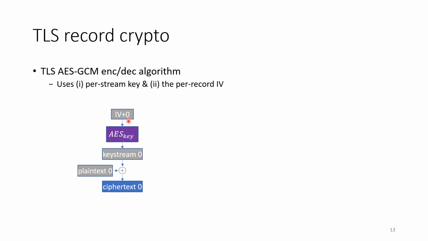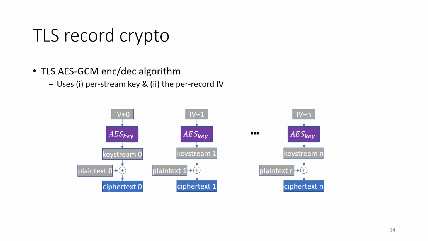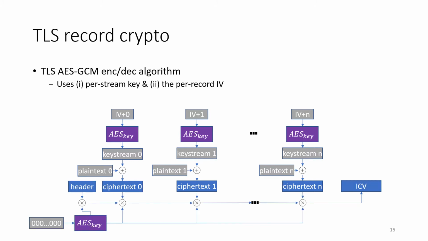Then, we encrypt that using an AES block that produces 16 bytes of keystream. Then the keystream is used to convert between plaintext and ciphertext using the XOR operation. In this manner, we encrypt all message bytes, incrementing the IV's counter for each 16-byte chunk of data. Now to calculate the ICV, we encrypt a block of zeros and multiply it with the header and all ciphertext blocks.